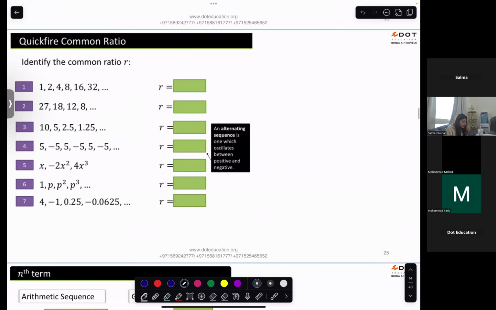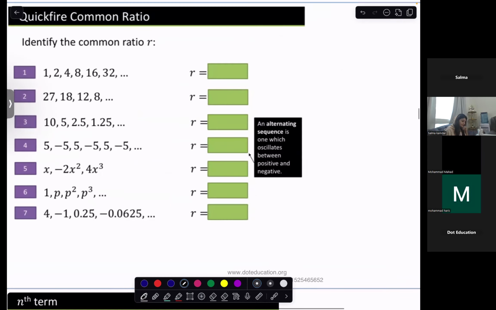Just a quick fire. Tell me the common ratio, fast, on your calculator. 2 divided by 1 should be equal to 4 divided by 2. It is 2. Can we go a bit quicker?